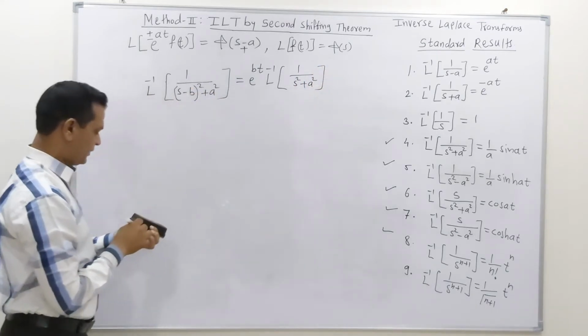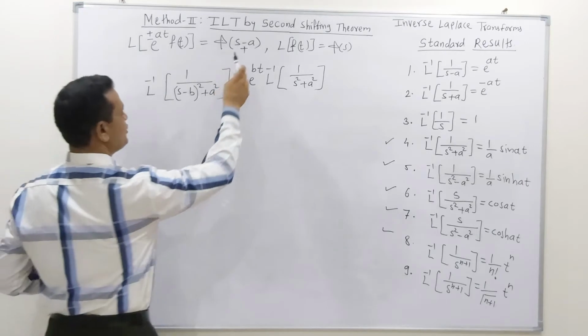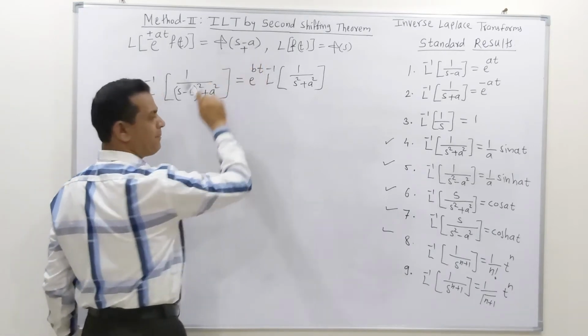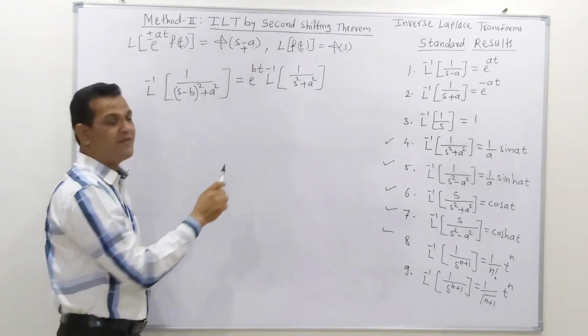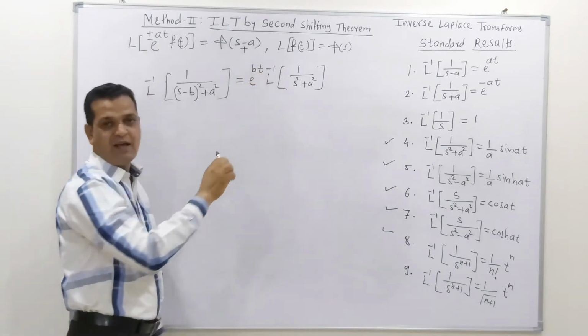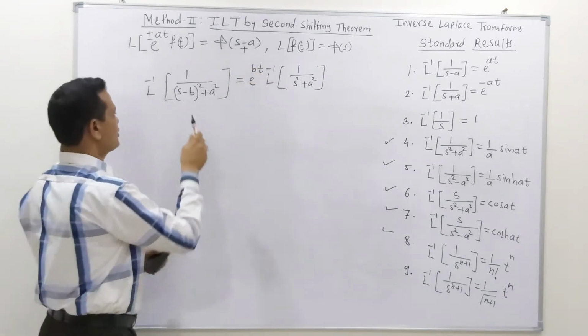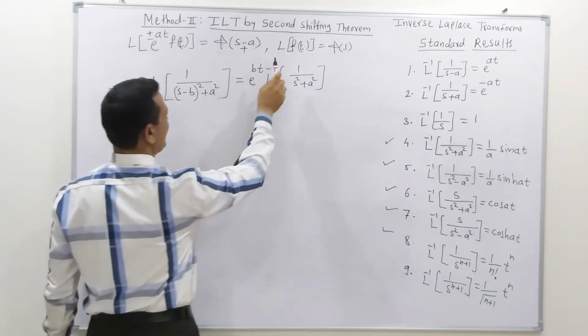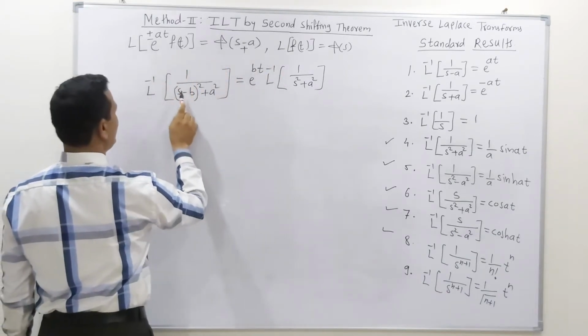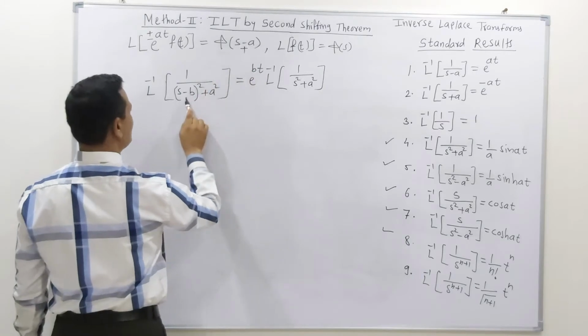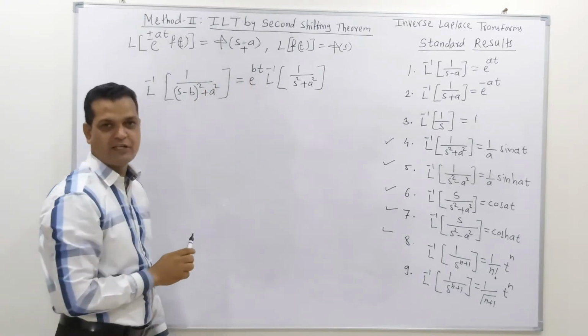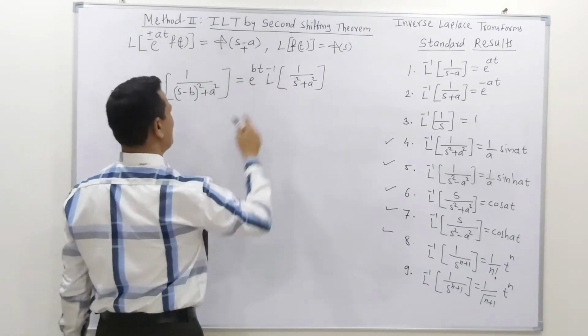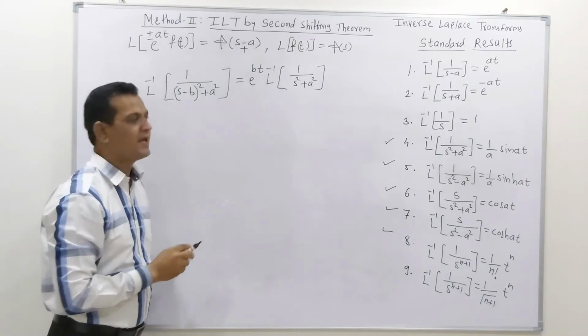According to the shifting property, we subtract a constant a from the parameter s, or we add a constant a to the parameter s. Now here b is subtracted from the parameter s, and because this is a minus sign, we can write this as e raised to bt into the inverse Laplace transformation of 1 upon s square plus a square.